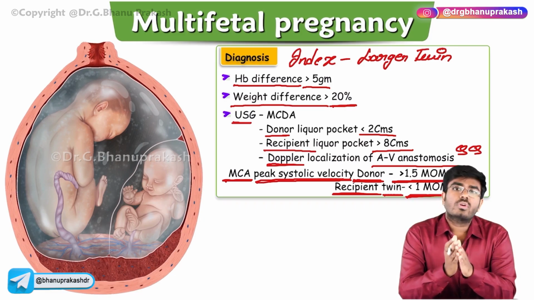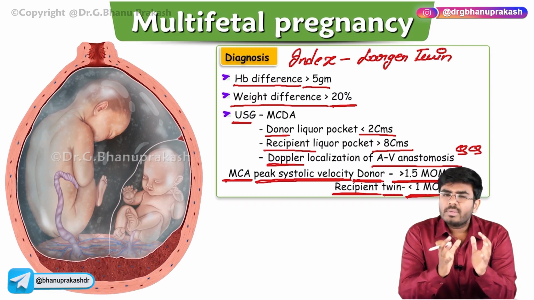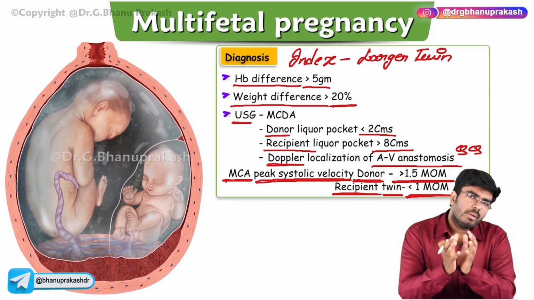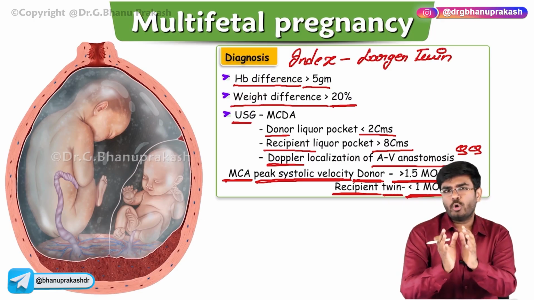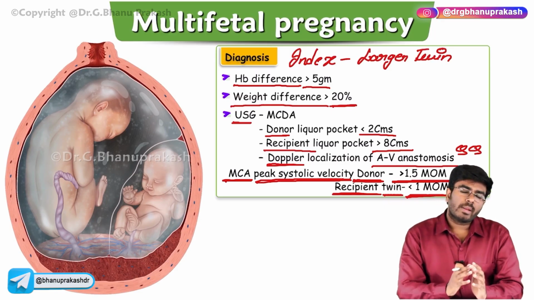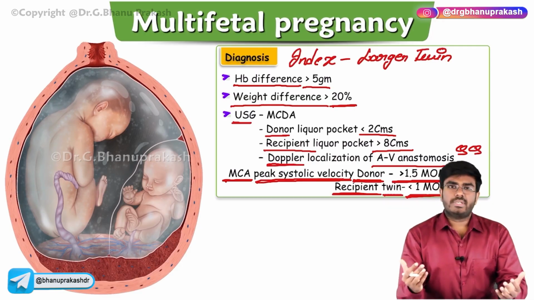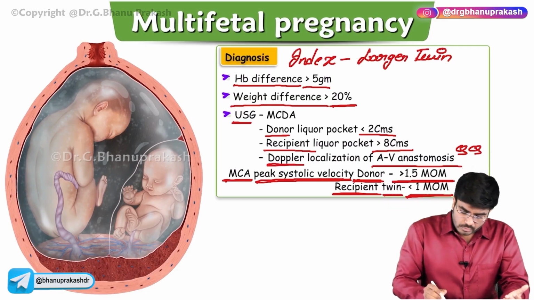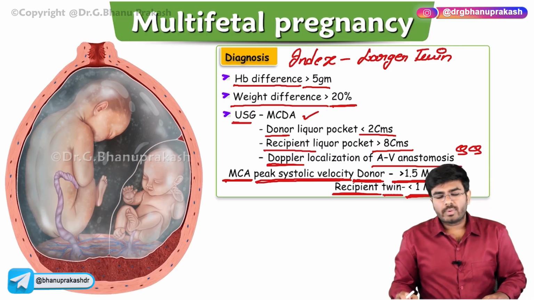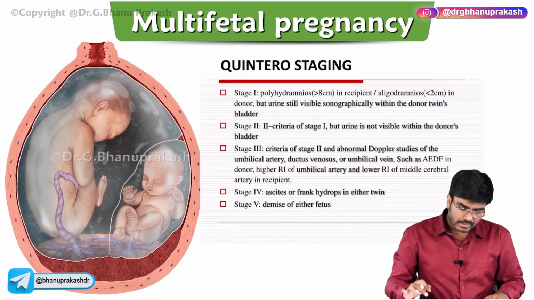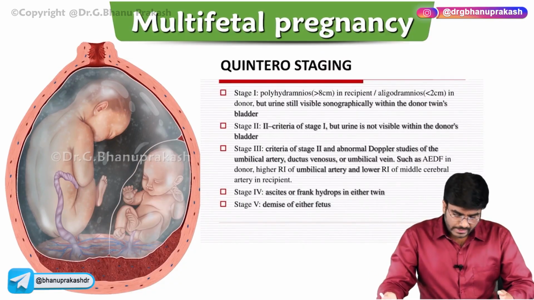And in ultrasonography, one baby has polyhydramnios and the other baby has oligohydramnios. Oligohydramnios is seen in the donor and polyhydramnios is seen in the recipient twin. Also on ultrasonography, you can see the monochorionic diamniotic type of placentation. So these are the diagnostic criteria.